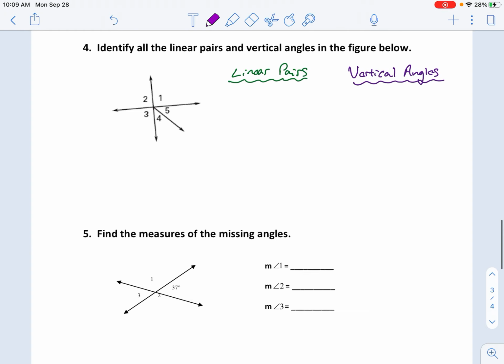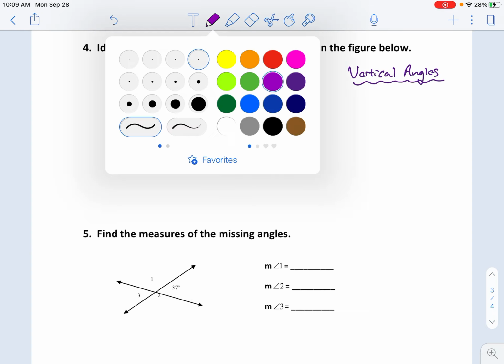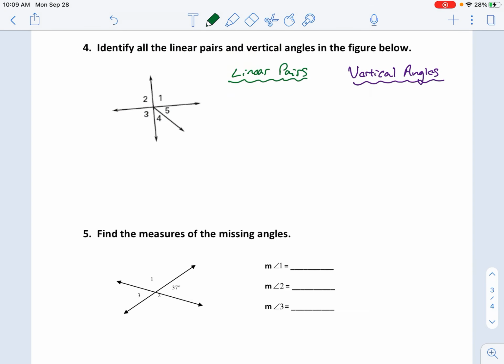Moving on here. Identify all linear pairs and vertical angles in the figure below. Linear pairs make a straight line. I'm seeing one right now. Here's a straight line, and if I look at both angle 1 and angle 2, I can see that they make up this straight line.